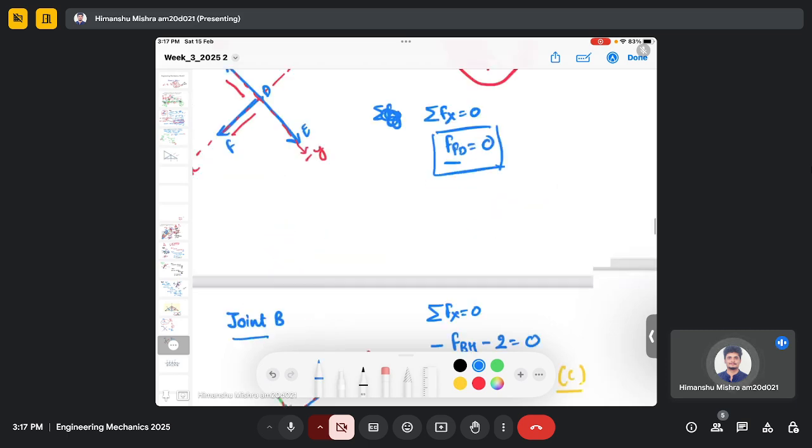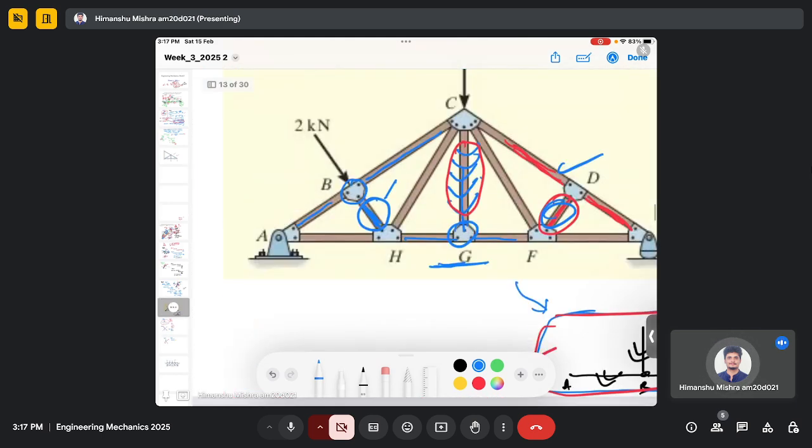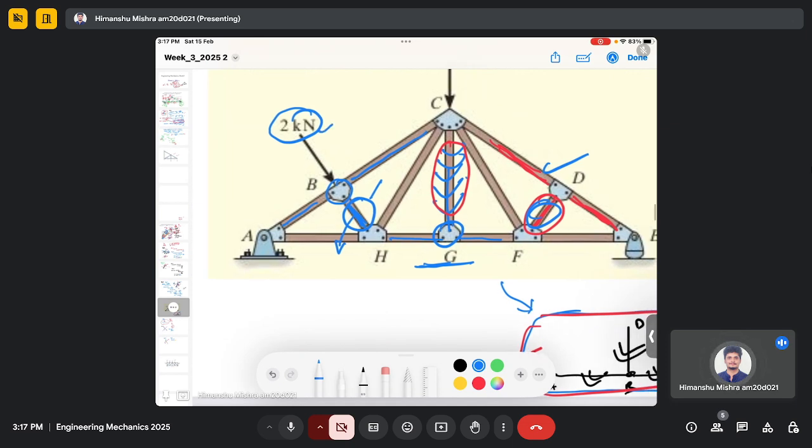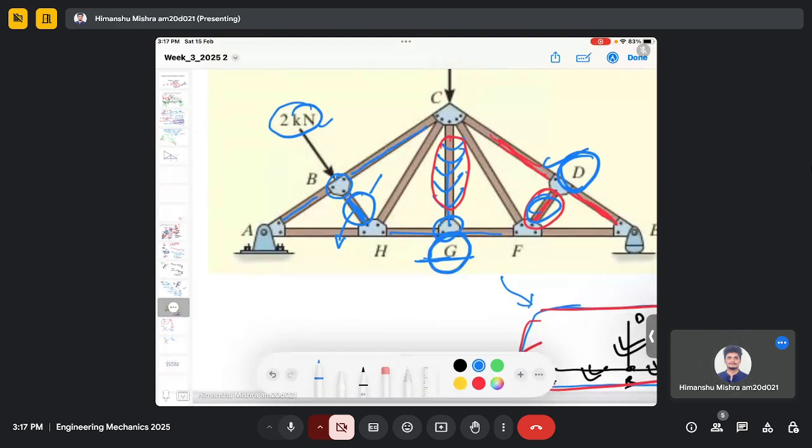So you can see this has the same configuration, but still here in this member the force is not 0, and that is because of this external force. If you remove this external force, which was the situation here at D and at G, the force in the member BH will be 0 if you remove the 2 kilonewton force.